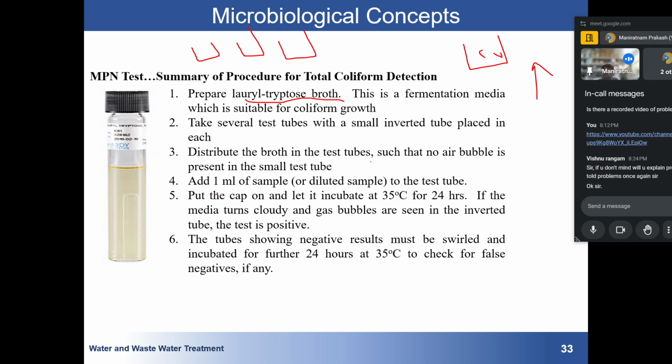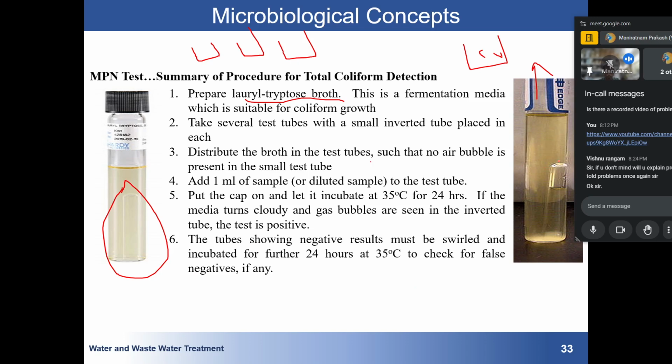If for any sample gas is generated, then we say this is a positive tube, and there might be some coliform bacteria in it. Remember, this little tube is known as a Durham tube, and it is used to collect the gases produced after fermentation. See, the gas has been collected in this Durham tube.